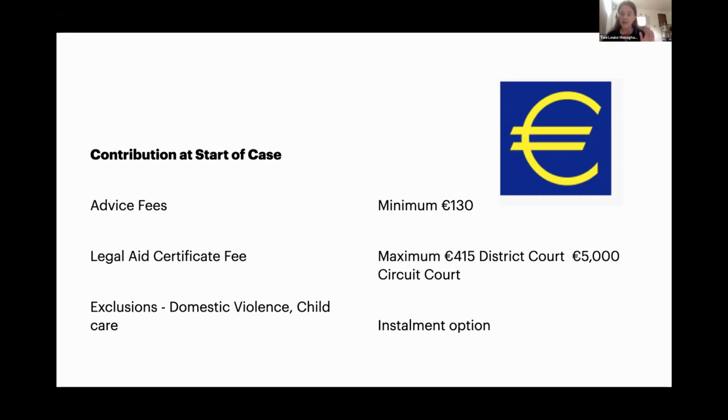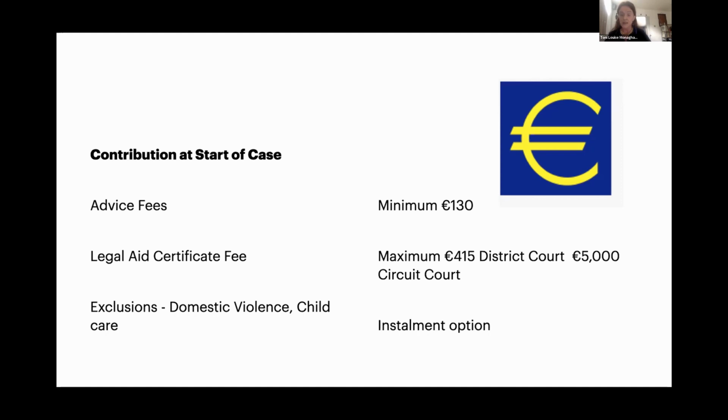So do you remember at the start I was explaining that people under 18,000 can qualify with disposable income for legal aid. So depending on where you are in terms of your income, you could pay a little higher than the 130 euros, and you could pay up to as much as 415 in the district court. And it says there up to 5,000 in the circuit court.